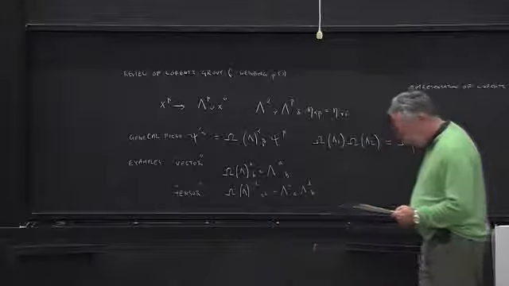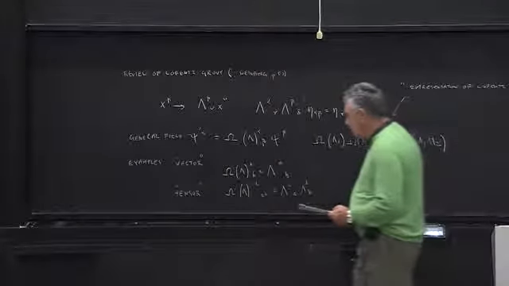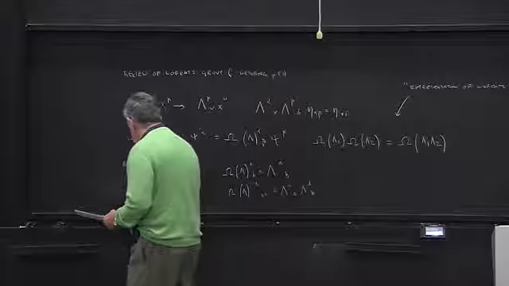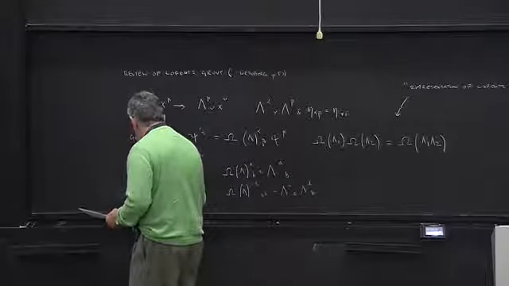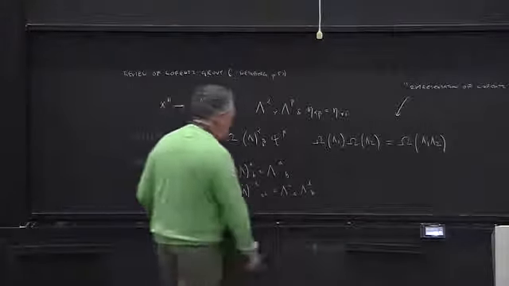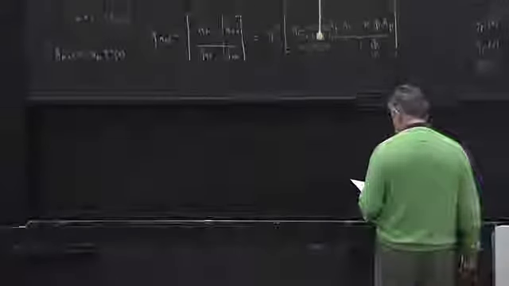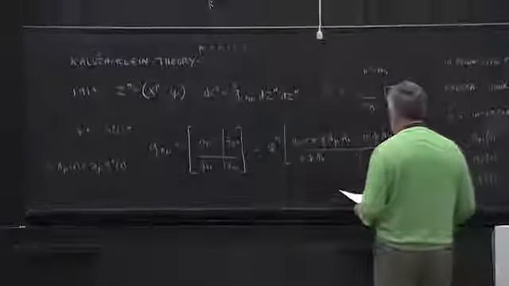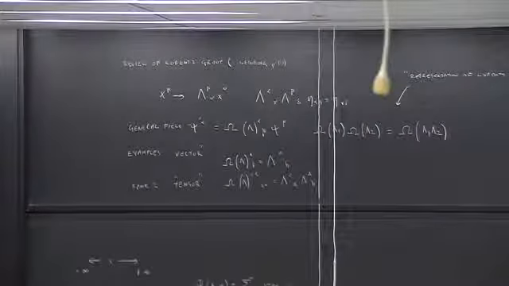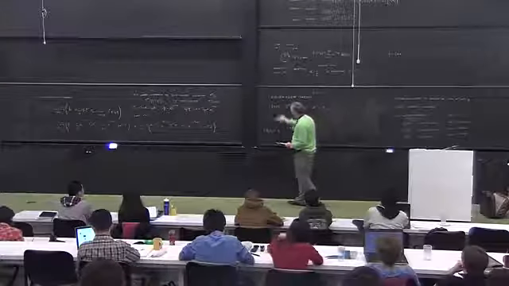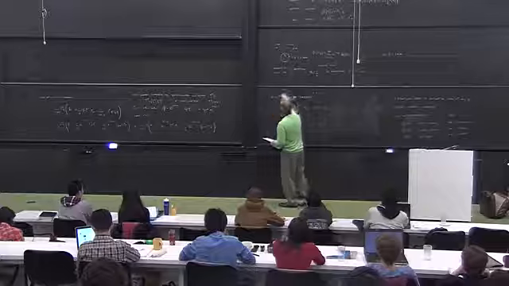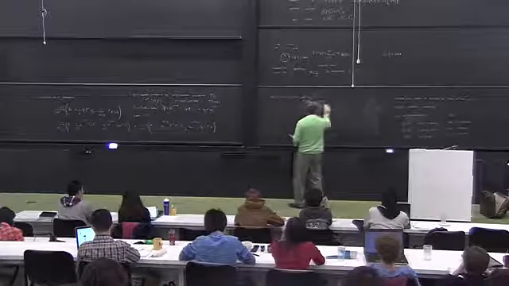That's how a rank 2 tensor would transform. And you can do rank 3 tensors, rank 4 tensors in the obvious way. But these are not the only representations of the Lorentz group. There are also what are called spinor representations.